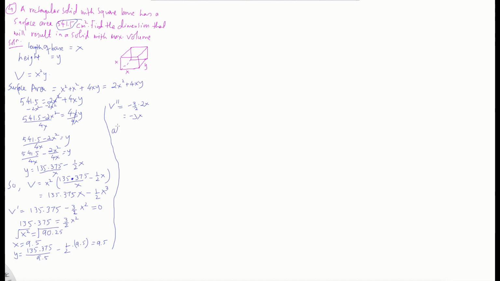At x equals 9.5, V double prime equals negative 3 times 9.5, which is negative 28.5. Since it is negative, V has a maximum at x equals 9.5, which is the end of the solution. All right.